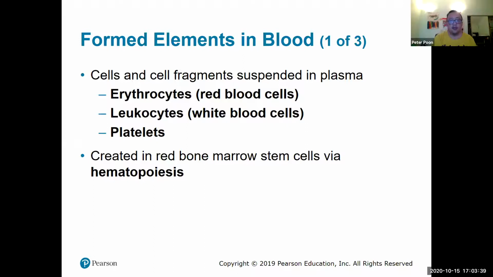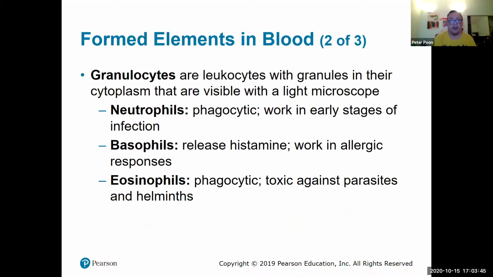So formed elements in blood: red blood cells, white blood cells, and platelets. White blood cells are leukocytes. Leukocytes split into two groups. They either have granules inside them or no granules. So granulocytes have granules, agranulocytes, no granules.